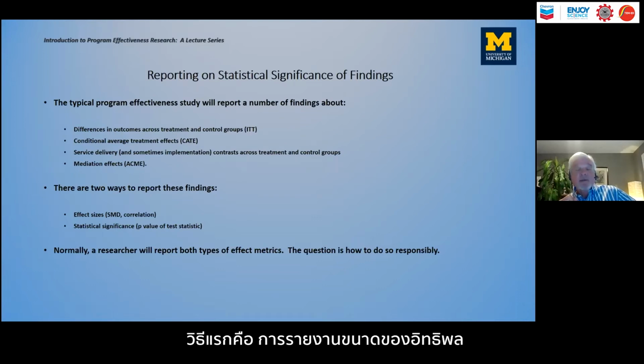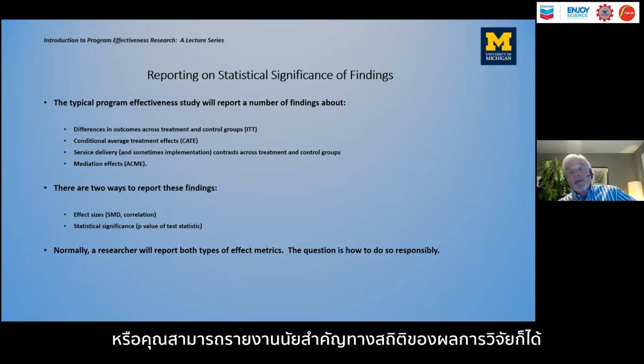One is to report an effect size. So let's say we're estimating the intent to treat effect. It's the simple mean difference in outcomes between treatment and control group expressed as a standard mean difference. Okay, that's one way to report an effect size. You may know that as Cohen's d, for example.